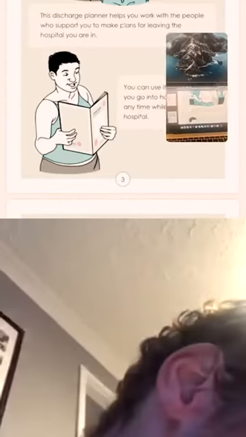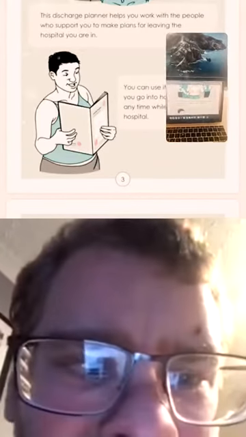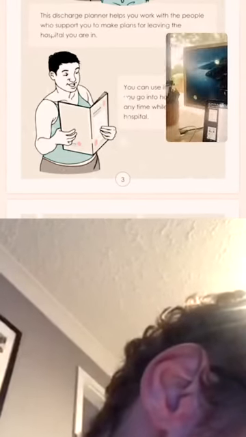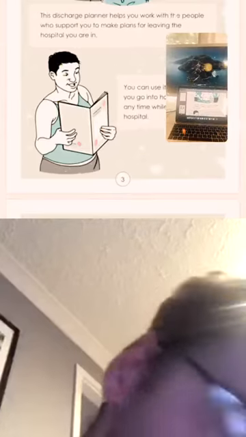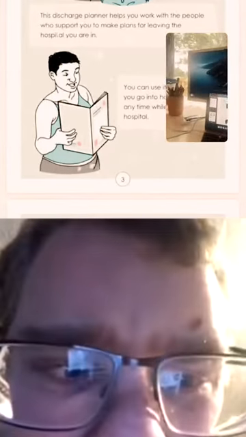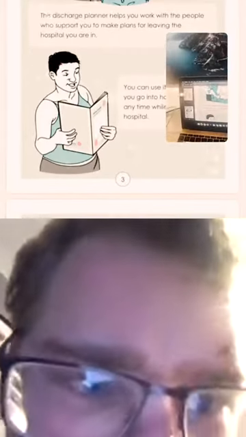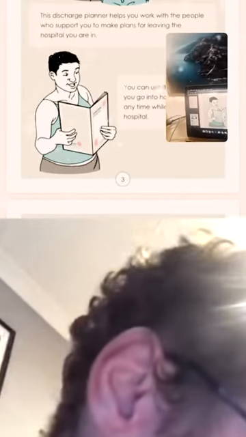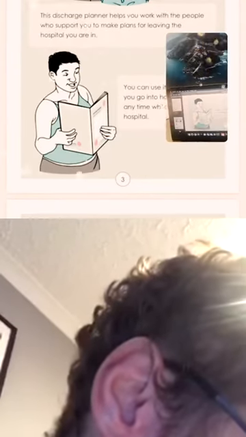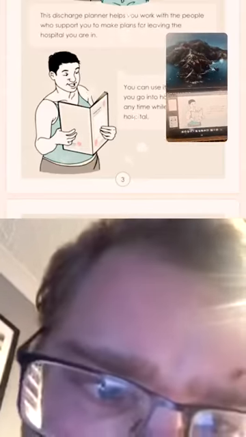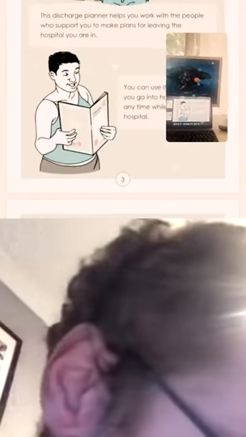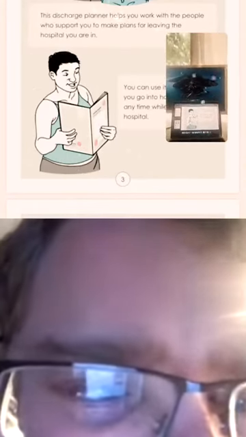Okay, it says: this planner helps you work with people who support you to make plans for leaving the hospital you are in. That is in the first bar at the top of the page. The next bar below that, you can fill in from the day you go into the hospital or at any time while you are in the hospital.